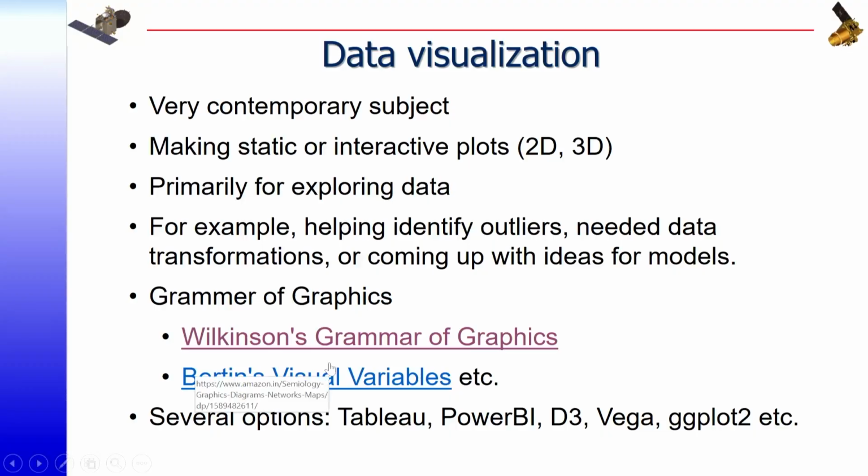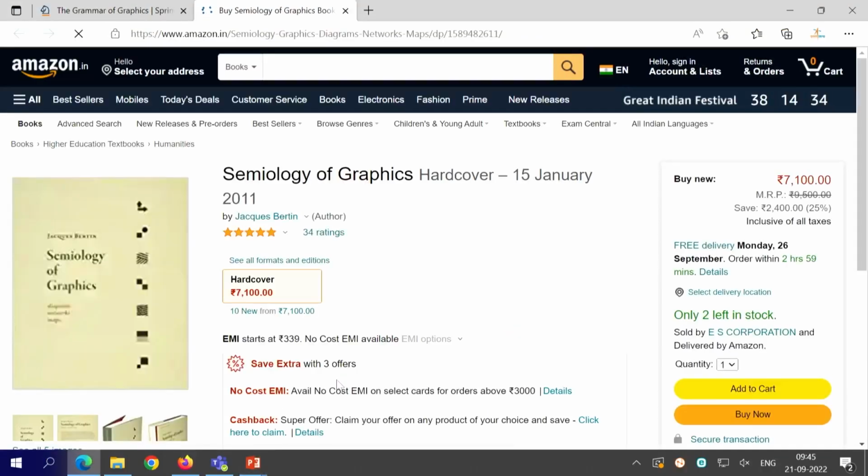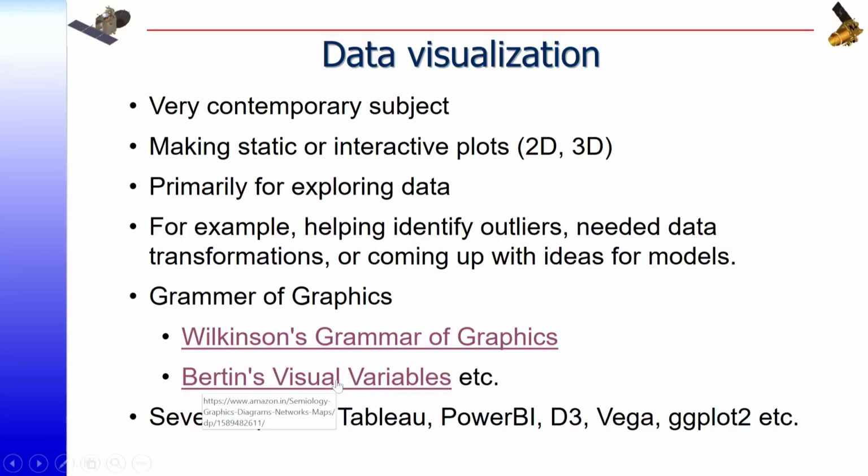The second one is actually an image that we use, or a rule set that we use, for teaching how to make maps. These are called Bertin's visual variables.